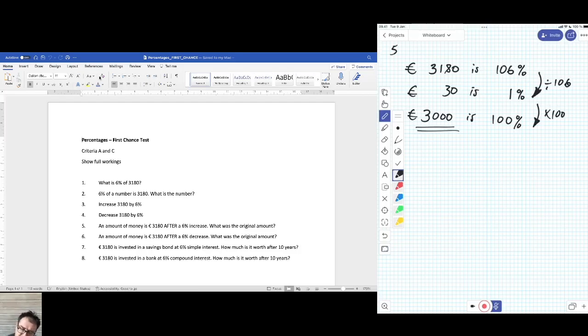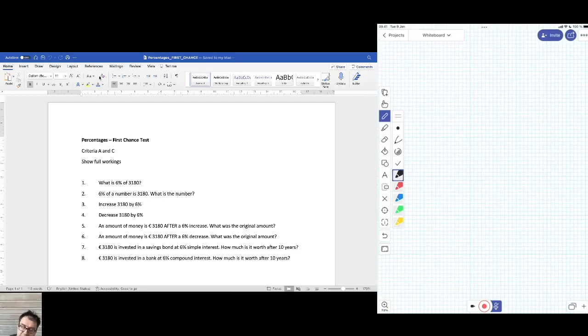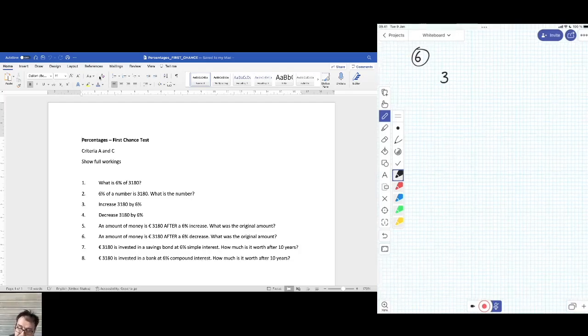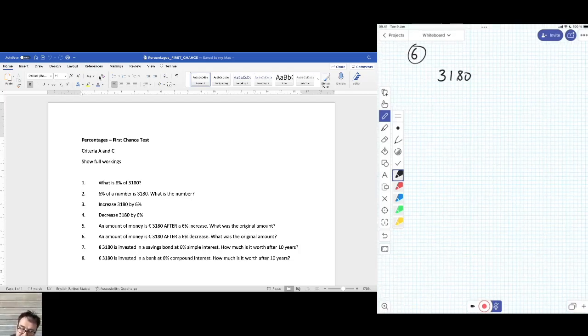Okay, so that was question 5, wasn't it? Then I'm going to move on to question 6. An amount of money is 3,180 after a 6% decrease. Okay, so this time 3,180 euros is 94% of the original amount, because the original amount was the 100%.